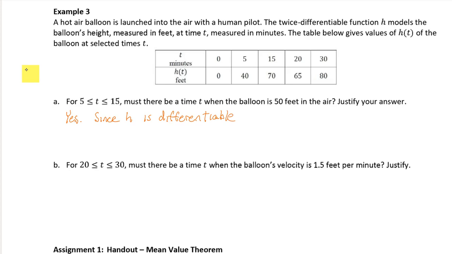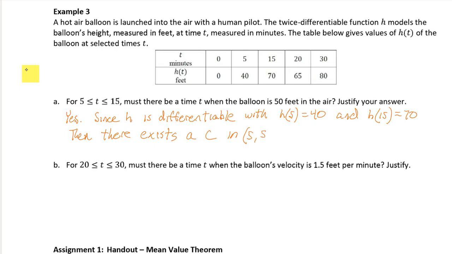All right, so since h is differentiable with h of 5 equal to 40, there's my low value, and h of 15 equal to 70, that's my high value, then there exists a c, some value of c in the interval from 5 to 15, such that h of c would equal 50.